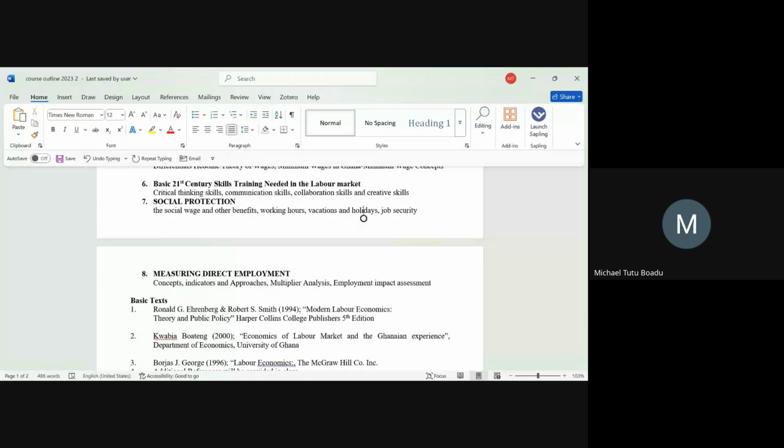How many jobs is this going to create? The 200 million Ghana cedis, how is this going to create jobs? What we call the multiplier effect.